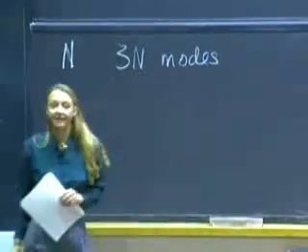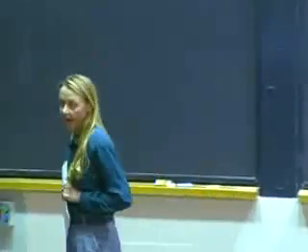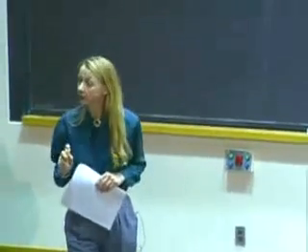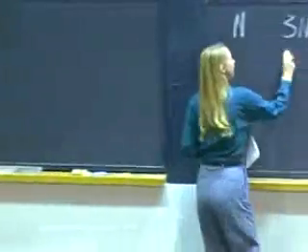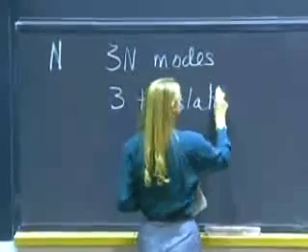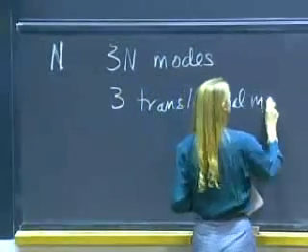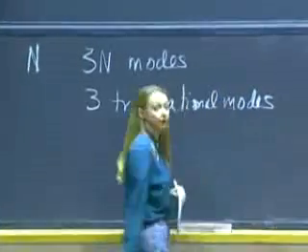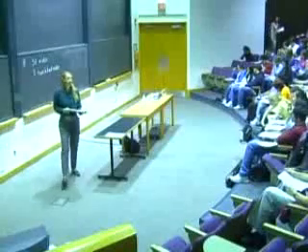And we said last time that 3 of those 3n modes are always translational modes. We live in a three-dimensional universe, so there are 3 translational modes, 3 directions in which the molecule can travel, can move.